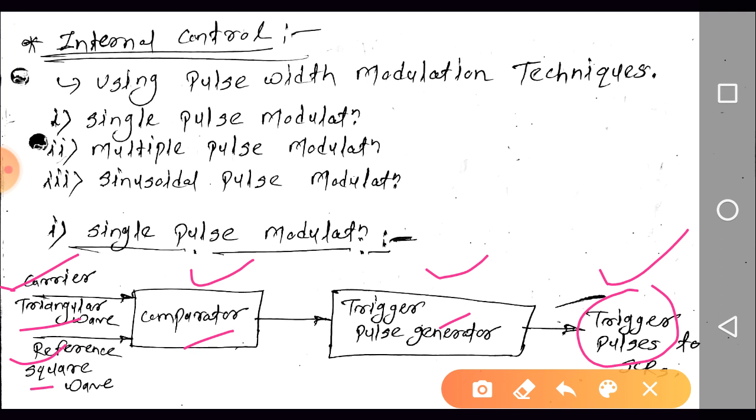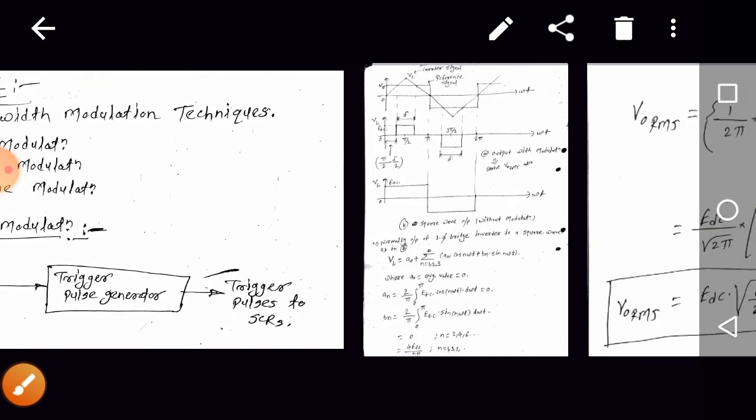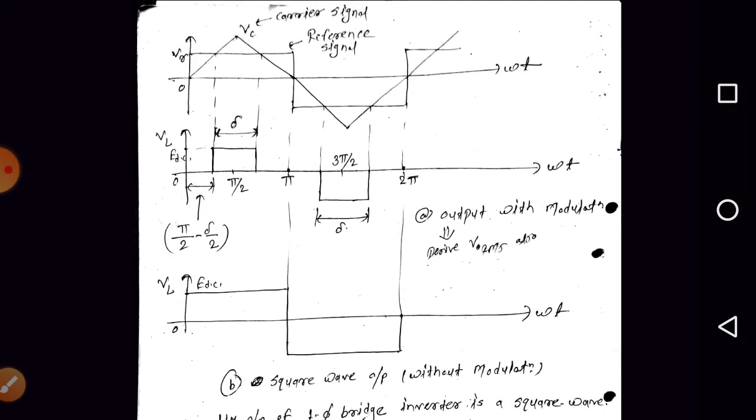The trigger pulse generator will generate the triggering pulses, meaning pulses generated to turn on the respective SCR or the respective switch present in the inverter circuitry.